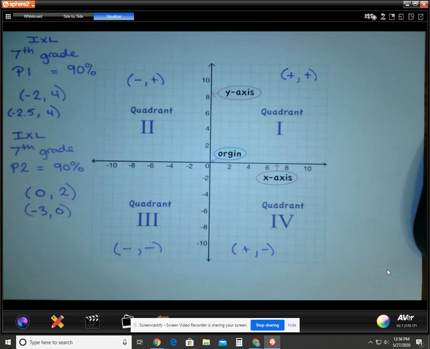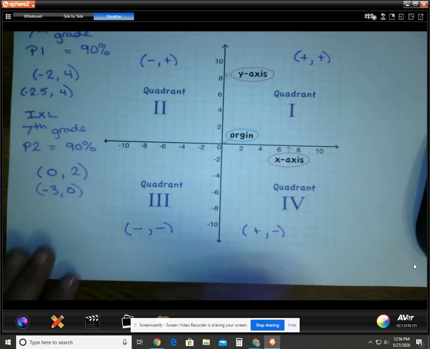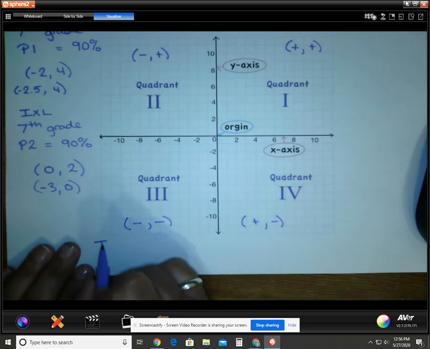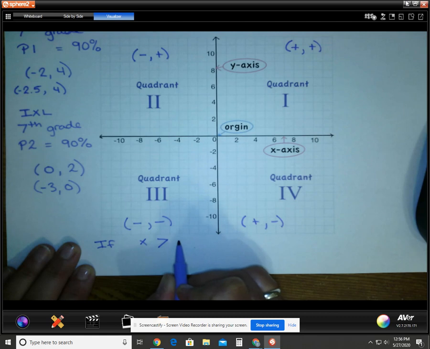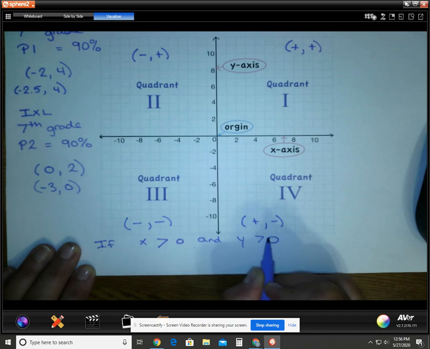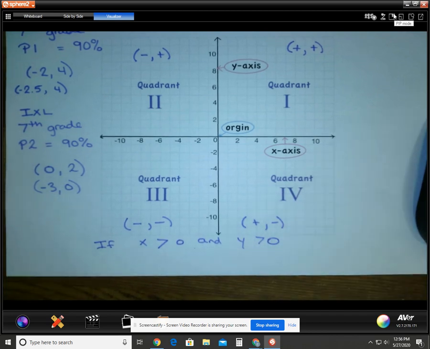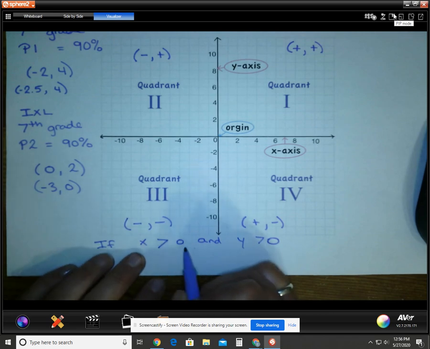One of the other questions they might ask you is something like this. It will say, if x is greater than 0 and y is greater than 0, what quadrant does it sit in? All you have to do is replace the x, the unknown variable, with whatever number you want that happens to be greater than 0.